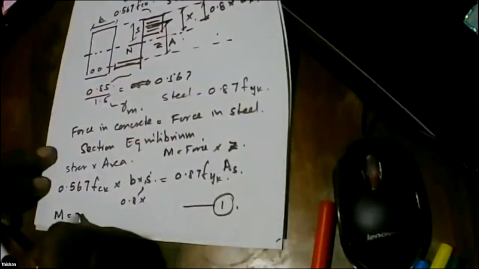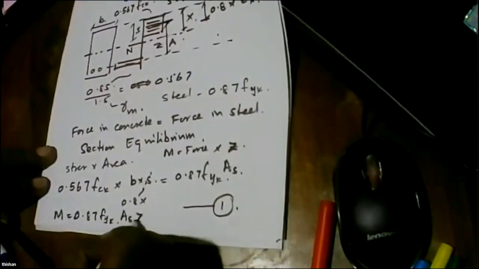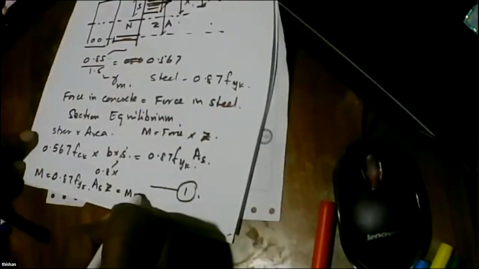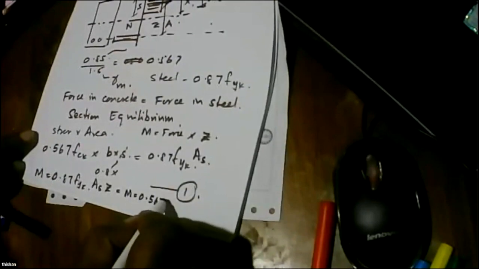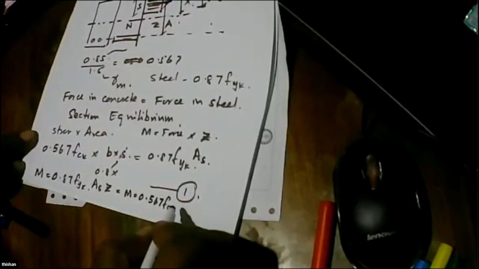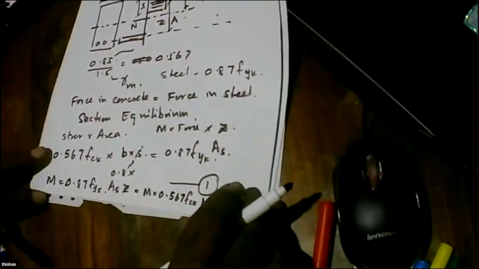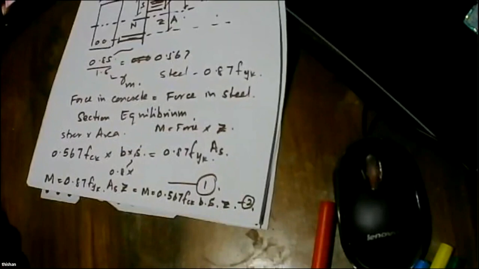From the center of this to this is the lever arm Z. So it is 0.87 FYK times area of steel times Z, or we can say M is equal to 0.567 FCK times B times S times Z. So that is the second equation. So only two equations are there.